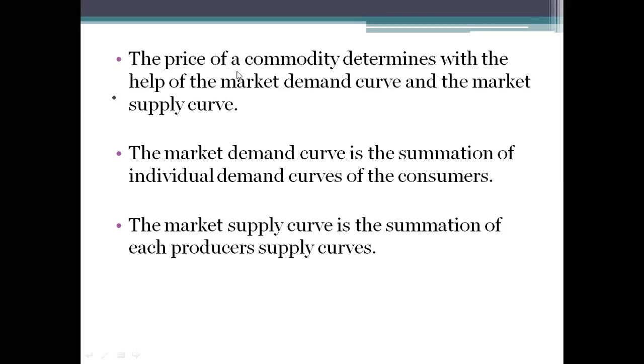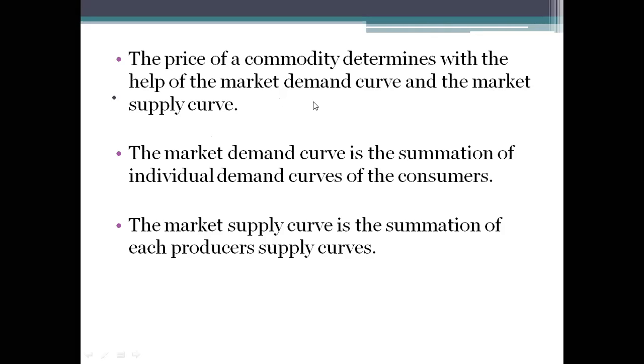This is the term market demand curve. Till now, whatever demand curves we talked about, those are individual demand curves. But here, when we determine the market price of a commodity, we need the market demand and the market supply.